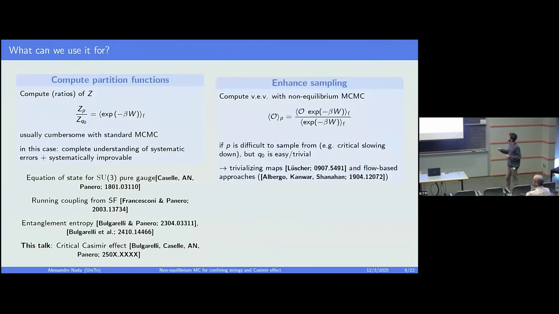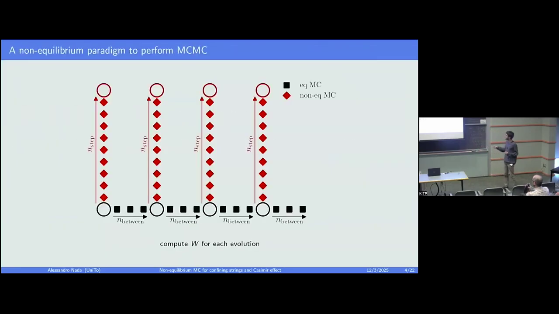If you actually look at the actual sampling, so the critical slowing down, you can see that there is a reweighting-like formula for any observable that you can think of, like, for example, a topological charge, which suffers from critical slowing down. And the idea, of course, is that here you have to choose a distribution which has good autocorrelations, let's say, and something which has very bad autocorrelations, badly behaving.